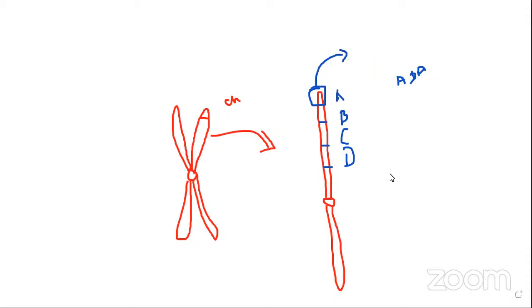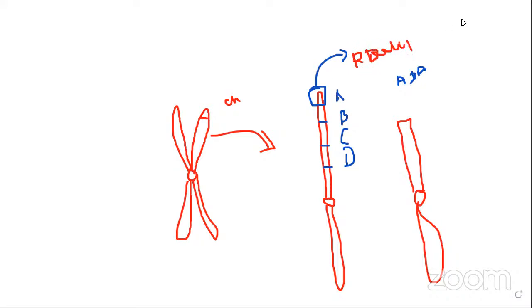Just imagine the gene sequence like this. After a deletion is completed, the structure will be like this. After complete removal of the DNA strand, this portion is completely removed. Removal of this strand is otherwise called deletion.